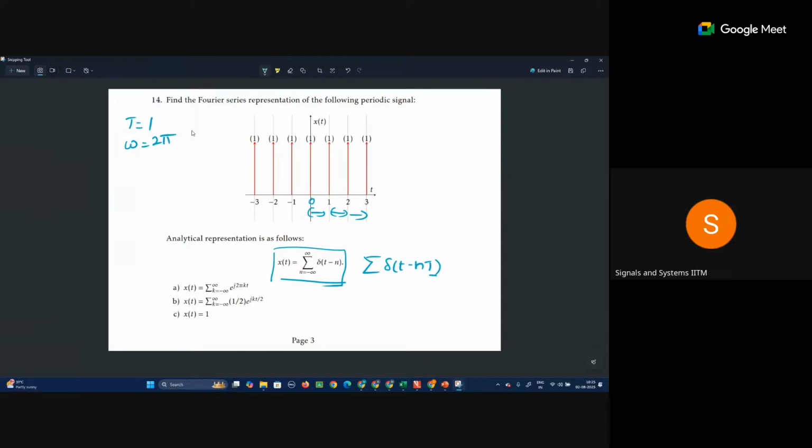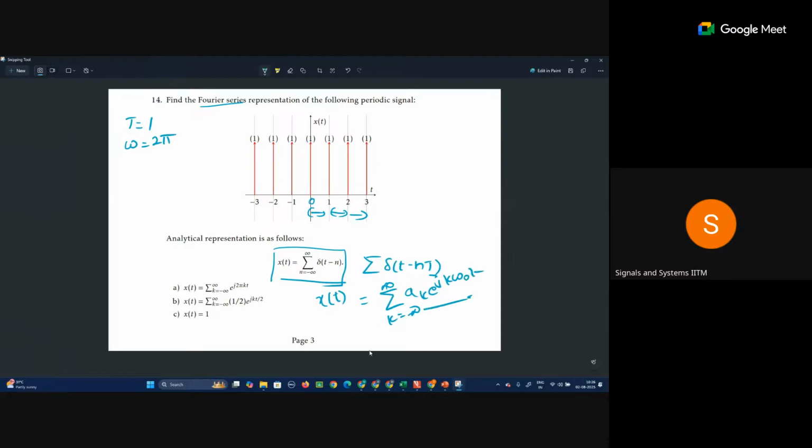Then what they are asking us to find is x of t in the form of a Fourier series. So for any signal, we have to find ak. So x of t is the summation of k equal to minus infinity to infinity of ak e power jk omega naught t.